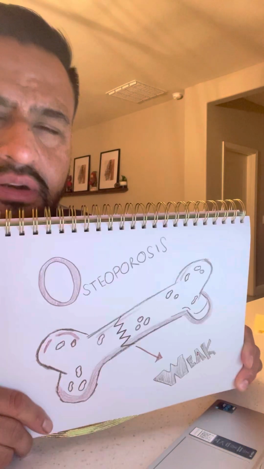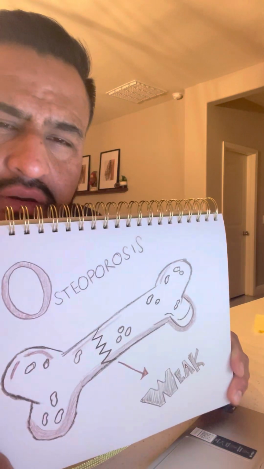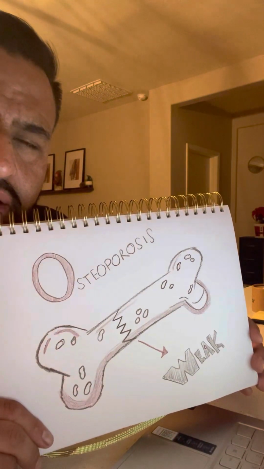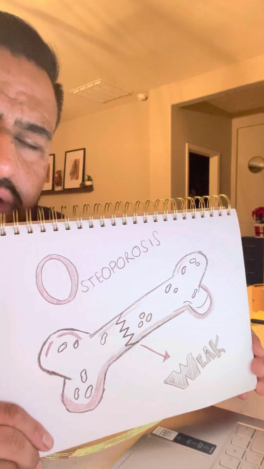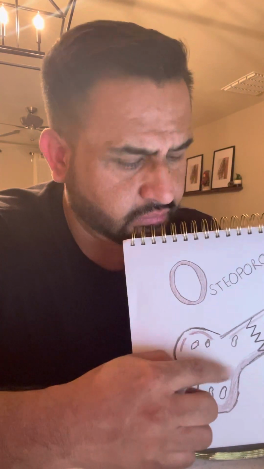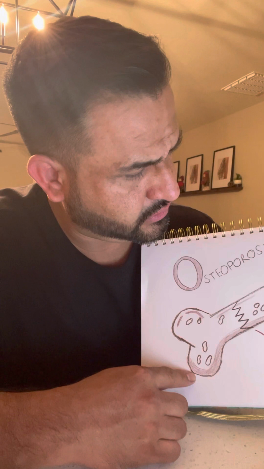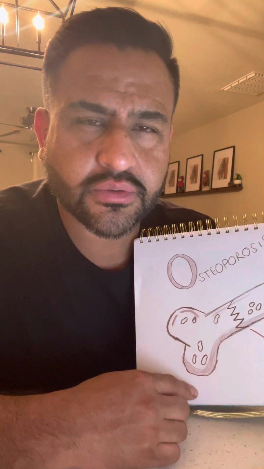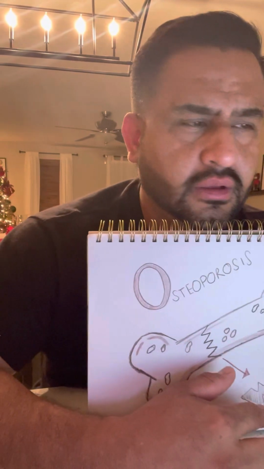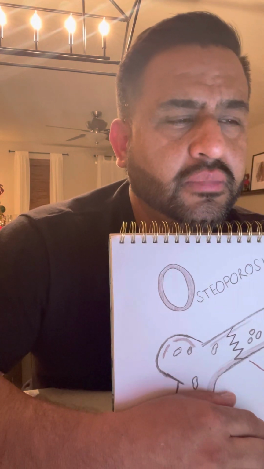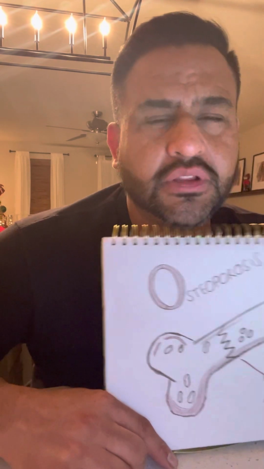If you notice, I drew a little drawing here of a bone, showing that it is weak and has some brittleness to it. So what is osteoporosis? It's a medical condition where the bones become weak and brittle due to the loss of tissue.